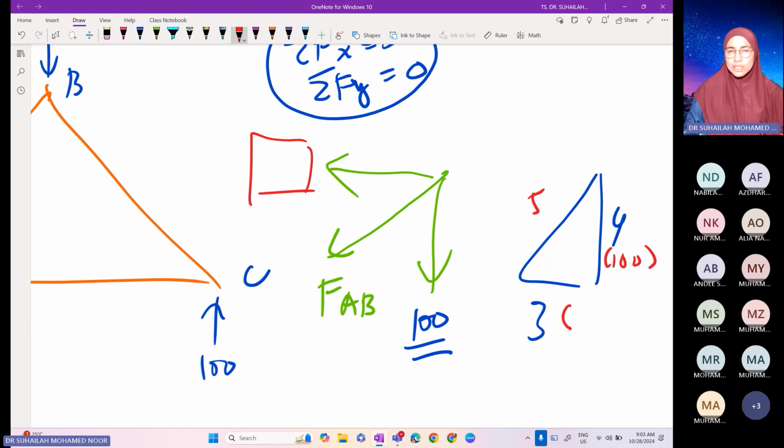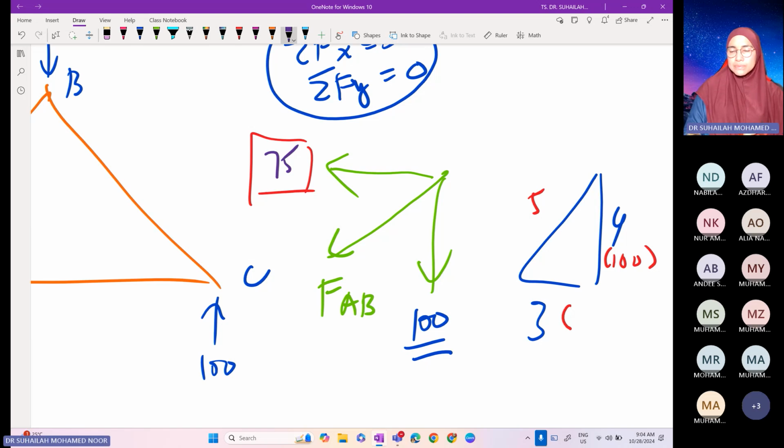Okay, so I want to ask you now, what is the value of X? What is X value? Kalau Y dia 100, guna trigonometry kat tepi tu, apa nilai X? 75. Ya, 75. So this is 75. So kita buat interpolation. Okay, kalau ni 75, kalau hypotenuse berapa?